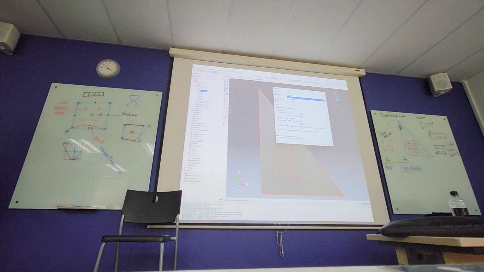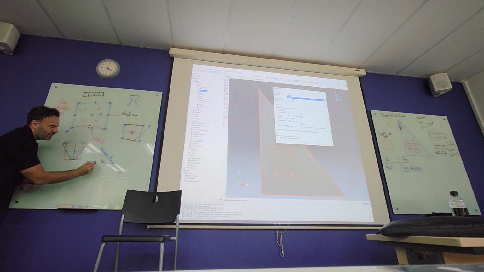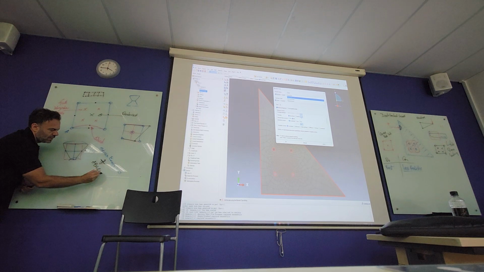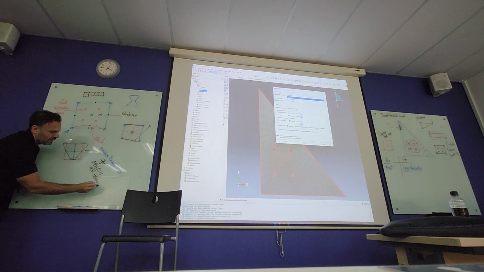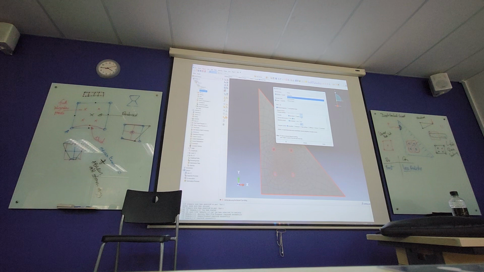So what it does is artificially add strain energy to rectify that problem. And at the end, depending on how much of that artificial additional strain energy is added, you can detect how much hourglassing is happening.